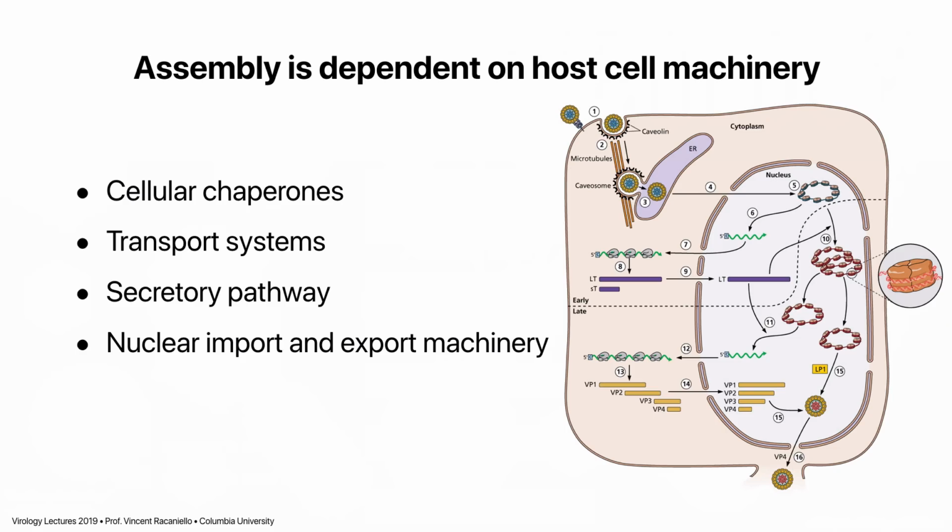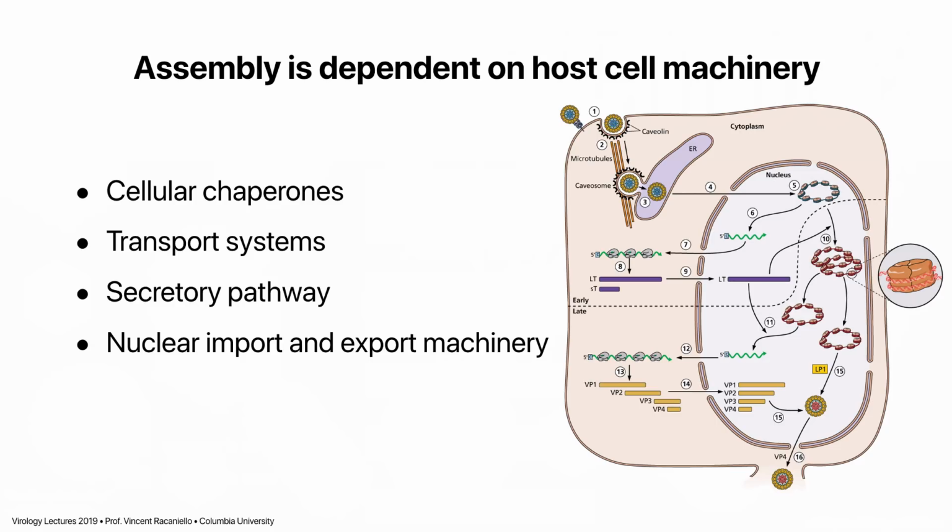Now, assembly does not happen without host cell machinery. Even though we could make a capsid protein and it might assemble in vitro, all the other steps do not occur without a cell. The cell provides many things. Of course, these are obligate intracellular parasites.